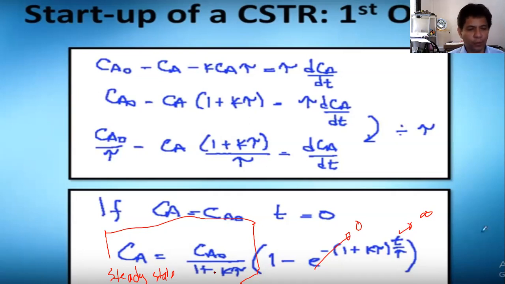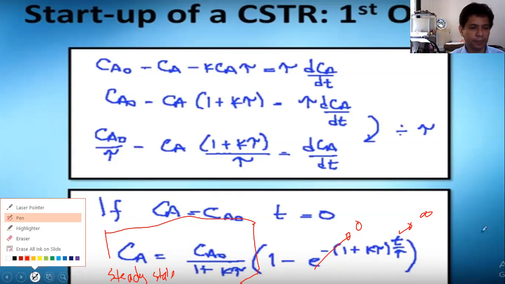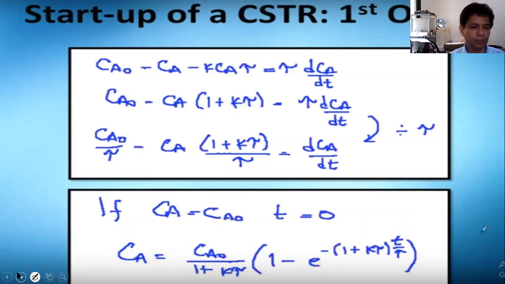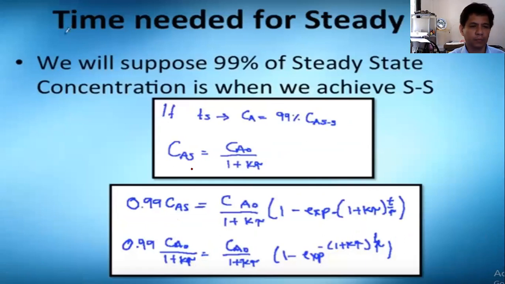Now, in calculating the time for the CSTR to reach steady state, we only want the concentration to be equal to 0.99 of CA steady state. So we're going to replace CA with 0.99 CAO over (1 plus K tau).